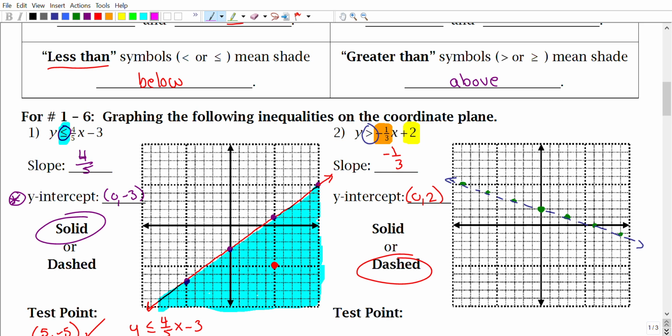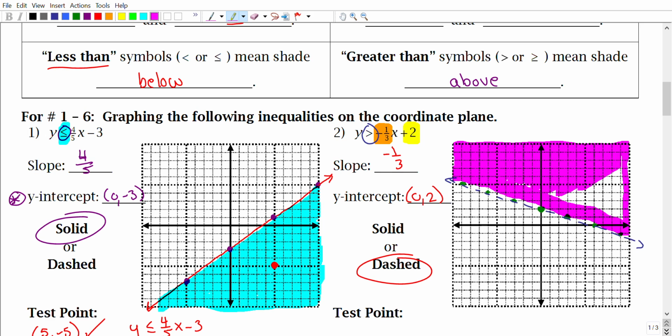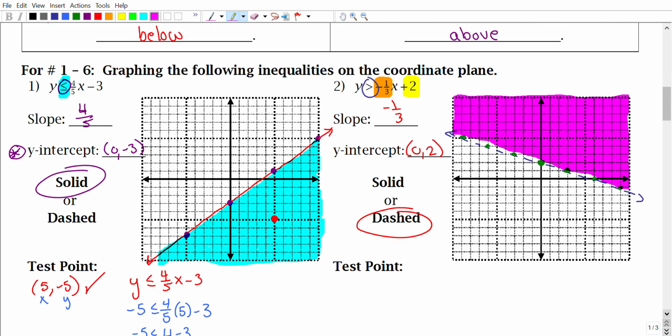Because it's greater than, we shade above, which would be right up here. So anything above this line. Go ahead and grab your pencil and start shading that in. So this right here in pink on mine is a solution set. All of those points in that pink area would be my solutions.